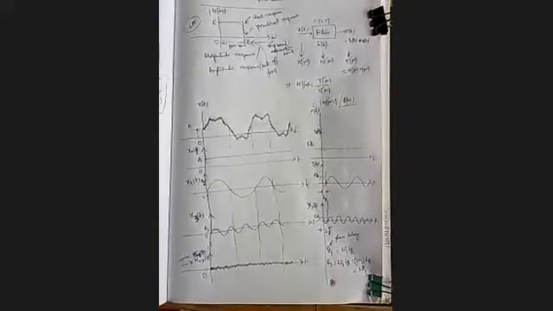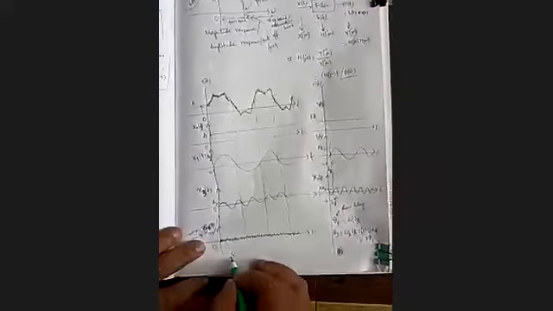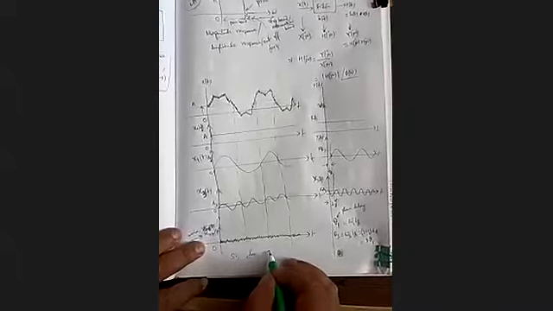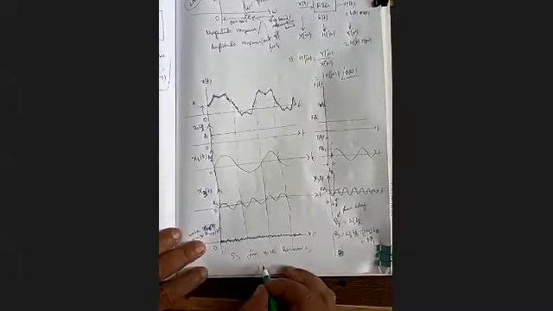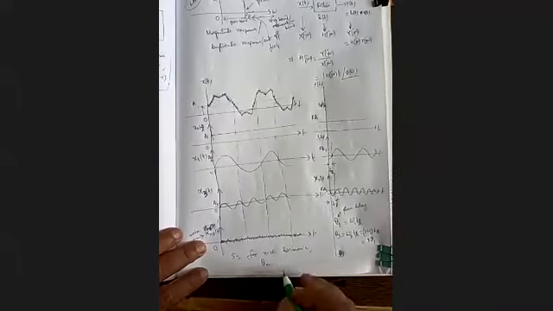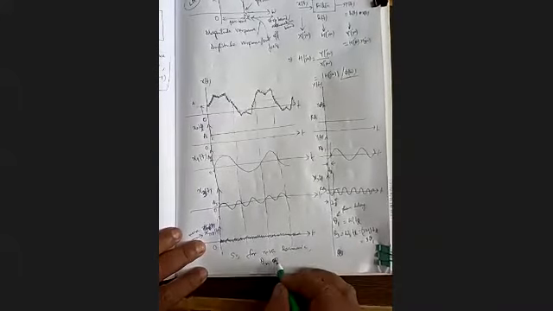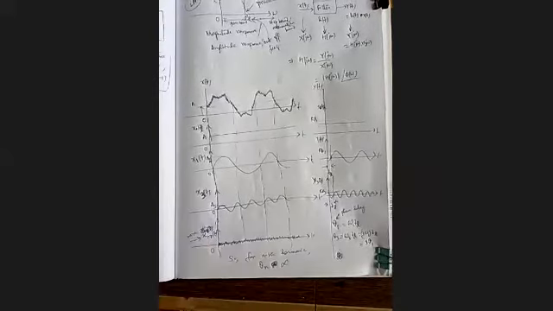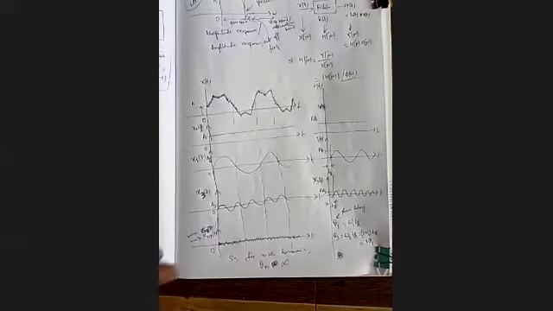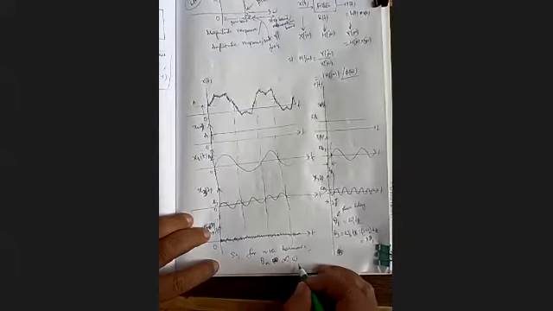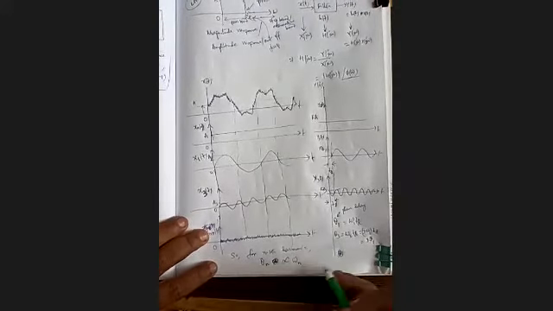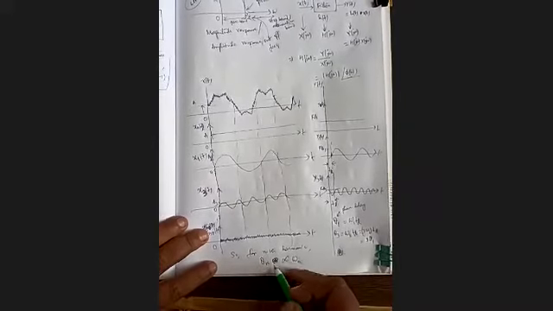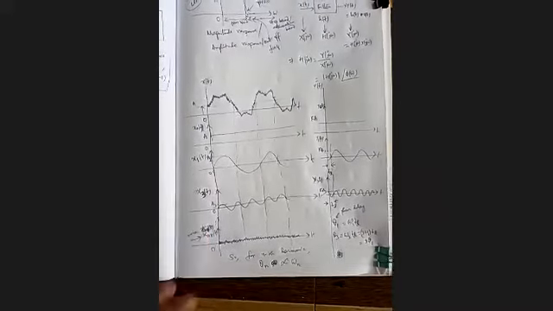So for the nth harmonic in general, we can say that θn is proportional to omega n. That is, the higher the frequency, the more will be the phase delay.